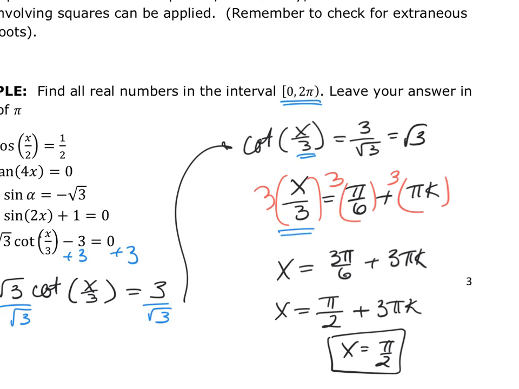Because if I let k equal 0, I get my first one, which is in the interval. If I let k equal 1, I'm outside of that interval. If I let k equal -1, I'm outside that interval. So my answer does not have plus pi k or plus 2 pi k, but I do have to put in the values of k, 1, 2, 3, to stay in that interval.